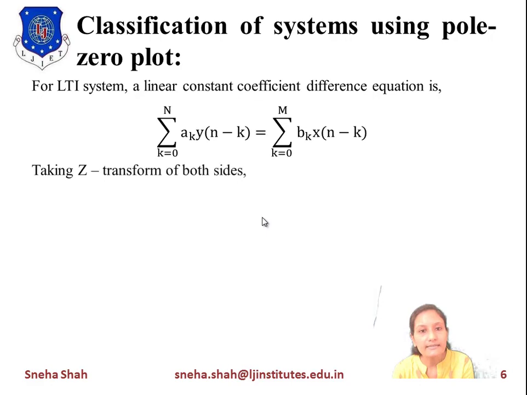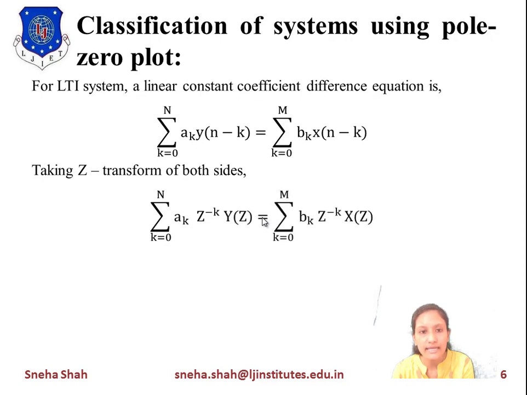If we take the Z transform on both sides, y of n converts into y of z, and because of the minus k, using the shifting property of the Z transform, we write z raised to minus k. The bk remains as it is, x of n converts into x of z, and because of the minus k we put z raised to minus k.